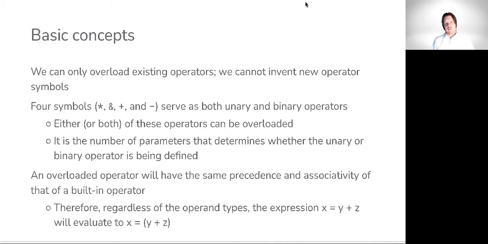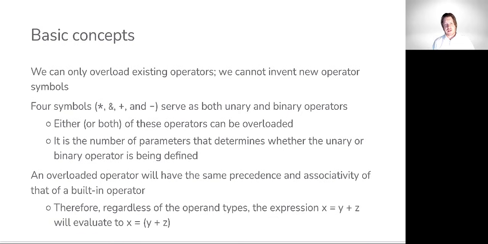Now, naturally, the next question that might arise from this discussion is, what operators can I overload? Am I able to create new ones? The answer is we can only overload existing operators, and we cannot invent new operator symbols. What we will see here is that four symbols have double meaning: asterisk, ampersand, and plus and minus serve as both unary and binary operators.